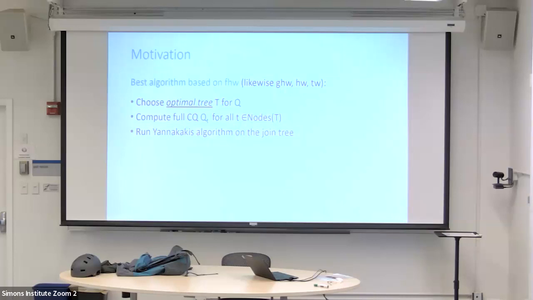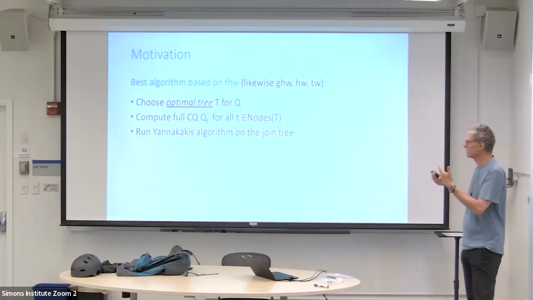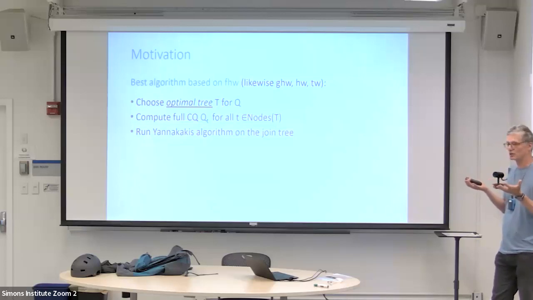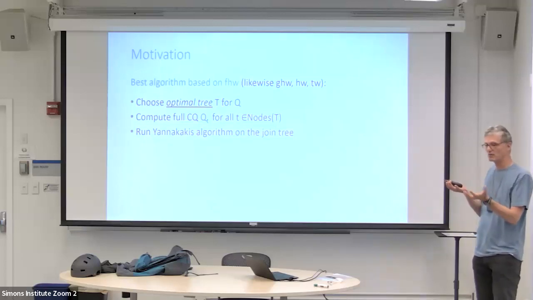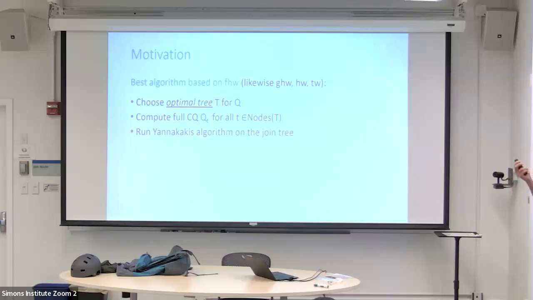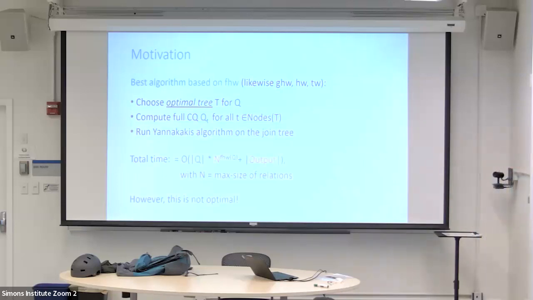So how do we determine the fractional hypertree widths? And the same with all of these other notions. We want to minimize something. We want to find the best possible tree decomposition such that something is minimal. Then we can use this decomposition to produce an acyclic conjunctive query and run the Yannakakis algorithm.